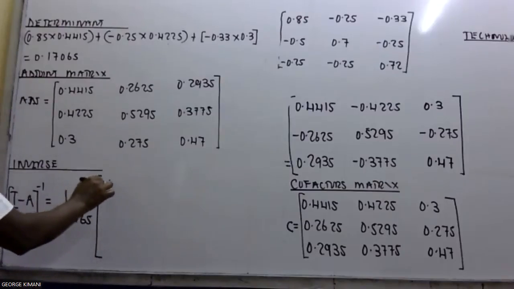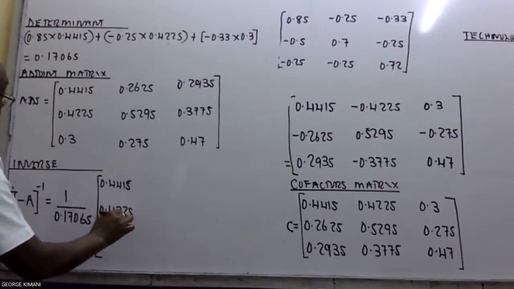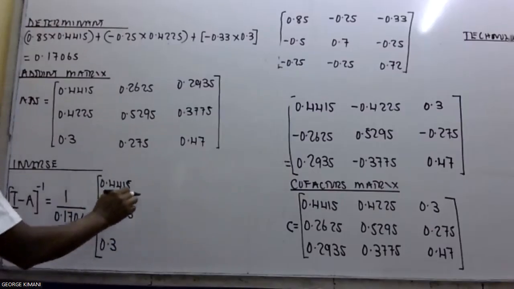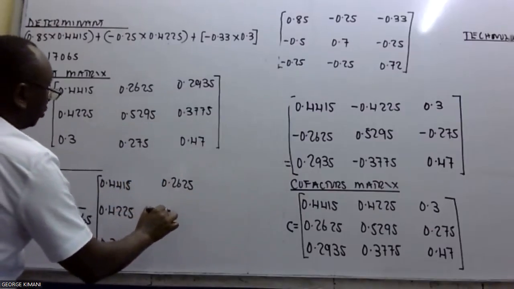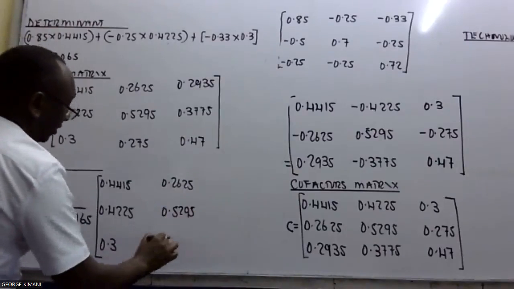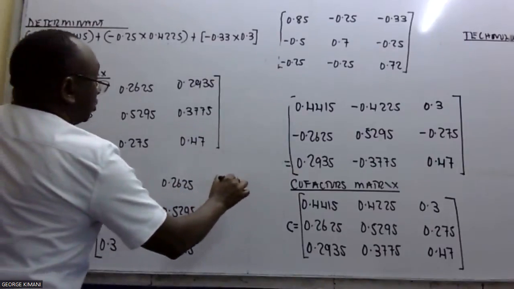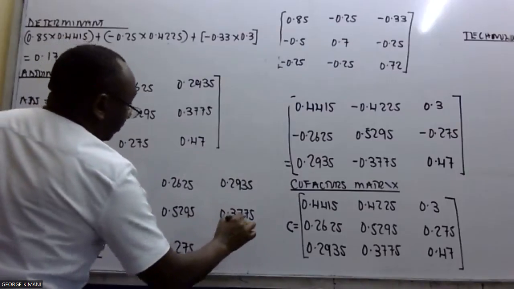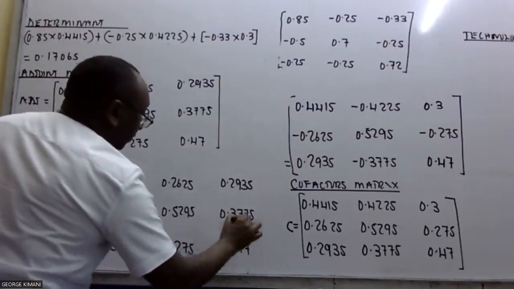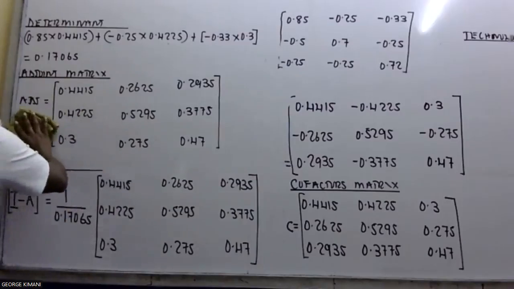So the adjoint is 0.4415, 0.4225, 0.3. Then we have 0.2625, 0.5295, 0.275, 0.2935, 0.3775, and 0.47. Now that is what we call the inverse.